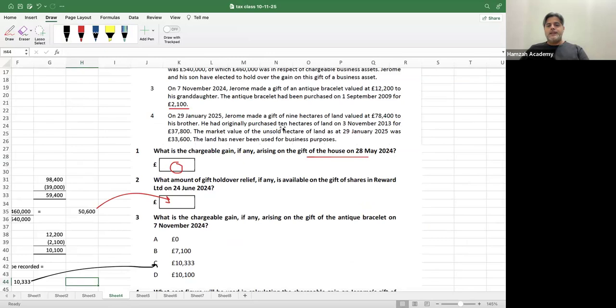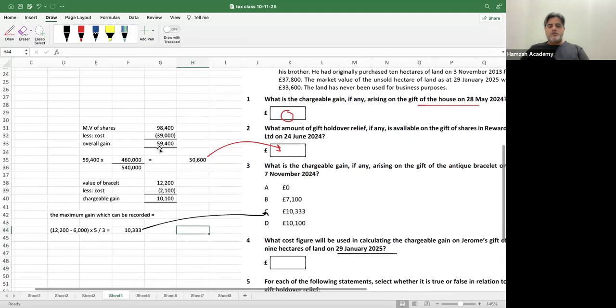He had originally purchased the 10 hectares of land on 3rd November for 37,800. The market value of the unsold hectare of land at 29th January was 33,600. The land has never been used for business purposes.